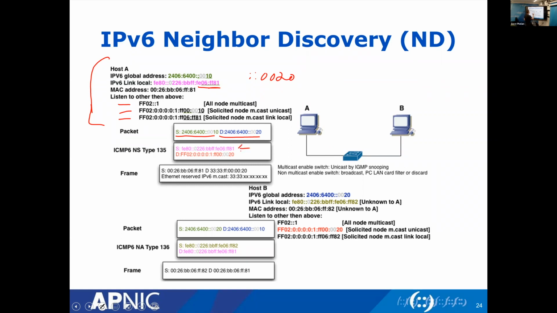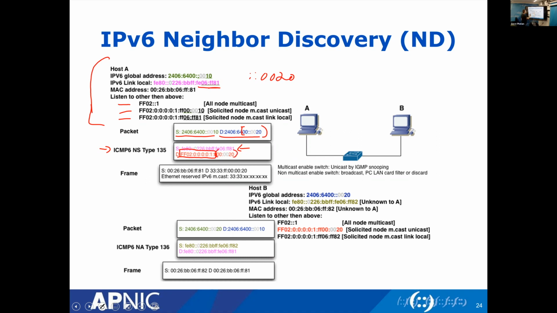This is my link local. This is a neighbor solicitation message. And here's this destination. So this is this solicited node multicast group. And we're taking the last 24 bits of my destination address. See? There to there.